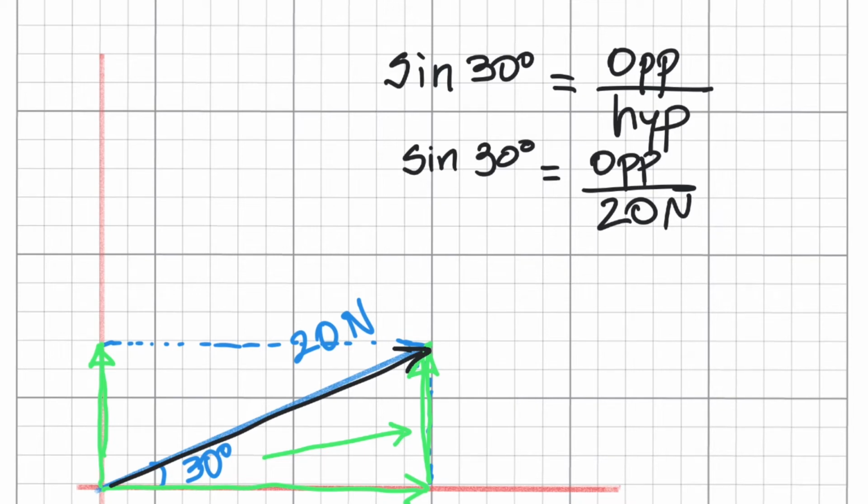So in order to find the opposite side, all that we have to do is multiply these two terms. So the opposite side, let me change that for something more refined, I'm going to call it the y component of the force vector, is going to be equal to sine of 30 times 20 newtons.